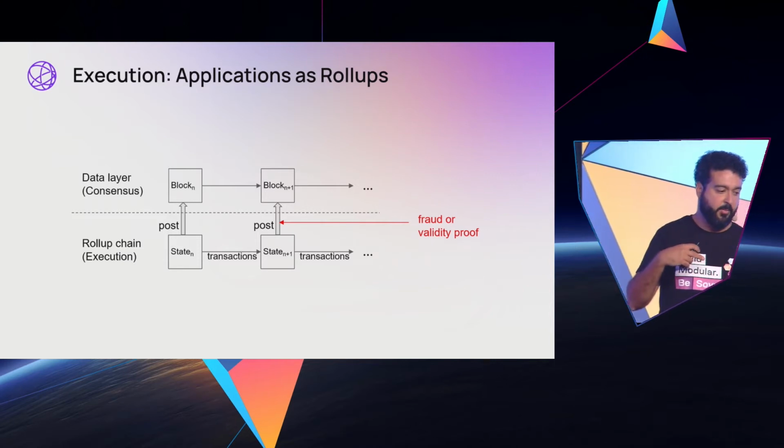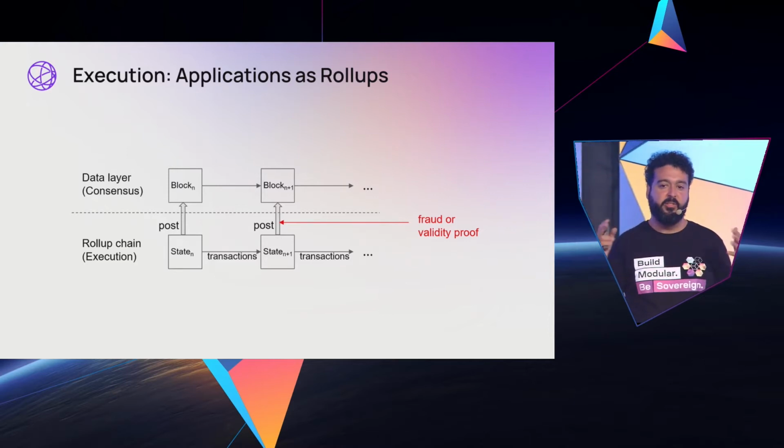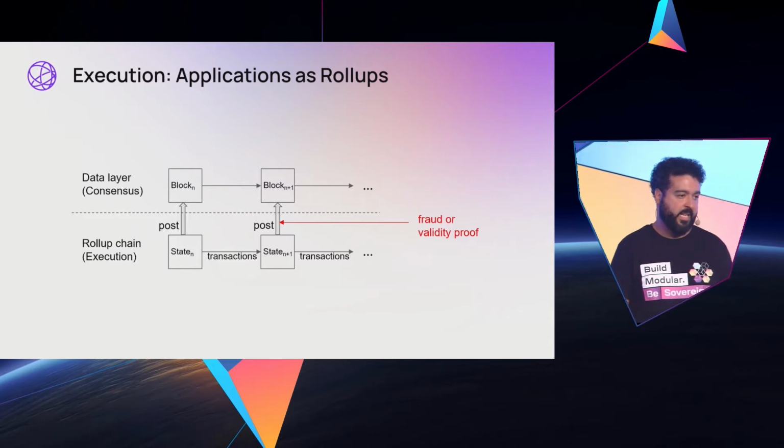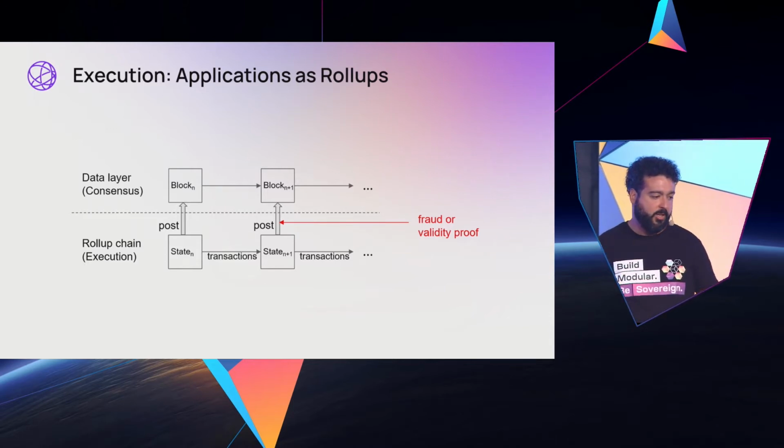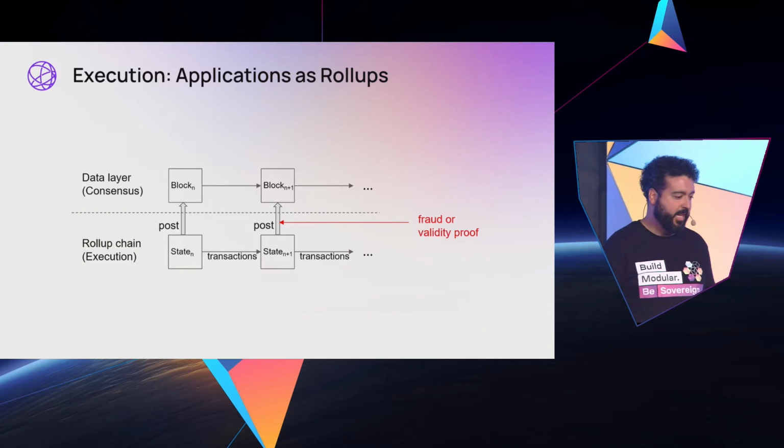This is the other paradigm, where you have to wait a certain period of time, and if no one challenged that block, it means that it is valid. So these are the two paradigms.